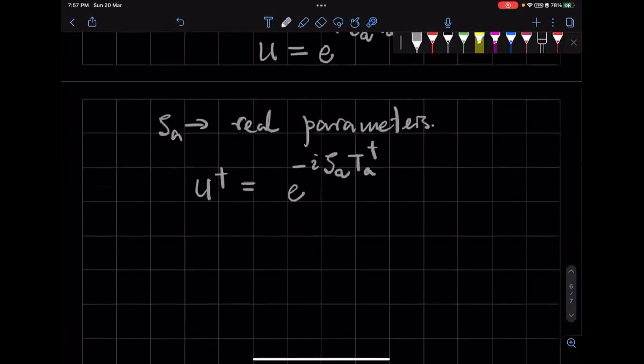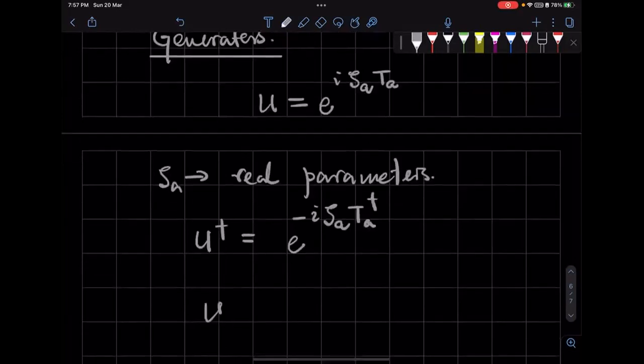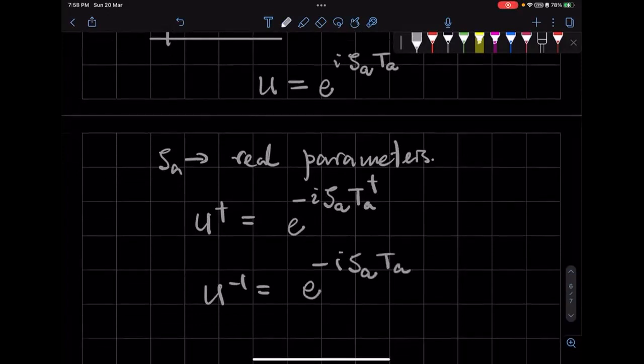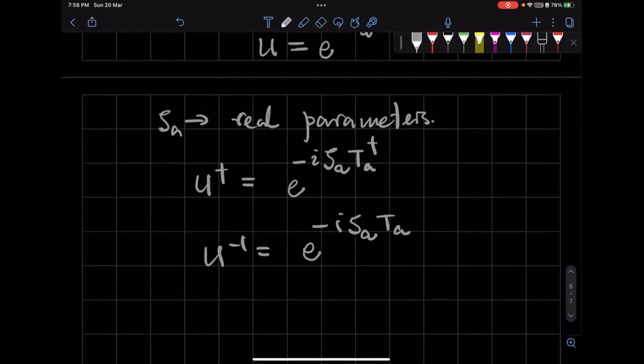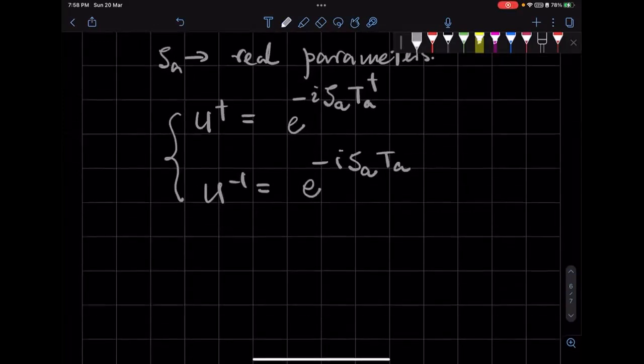On the other hand, U inverse is E to the minus i zeta A T A, so that if I multiply the two, we get 1. According to the unitarity condition, these two things are equal, and therefore the generators TA must be Hermitian.